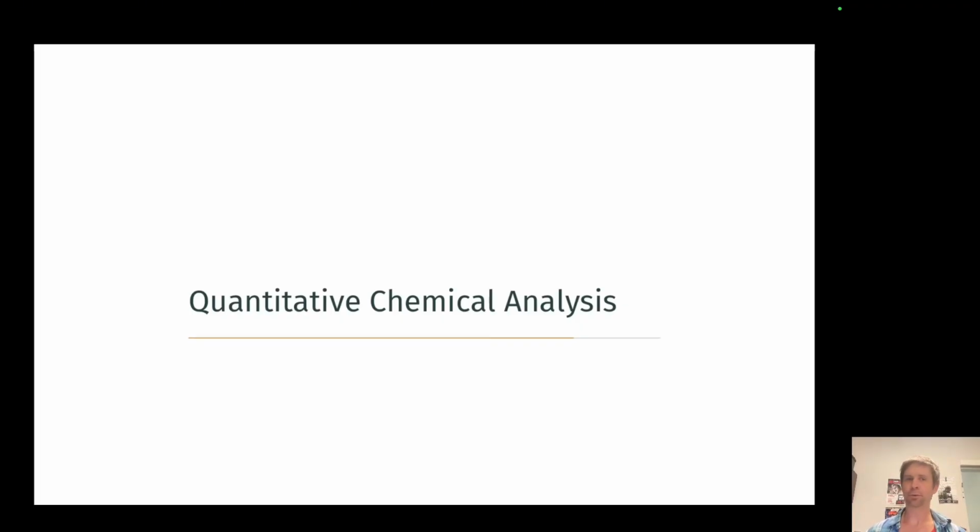It's one example of a general class of methods that you see on this slide called quantitative analysis methods, quantitative chemical analysis. And so the video here is going to be based on section 5.4 in the OpenStax textbook, and the focus in that section is really on the stoichiometric aspects of titration.